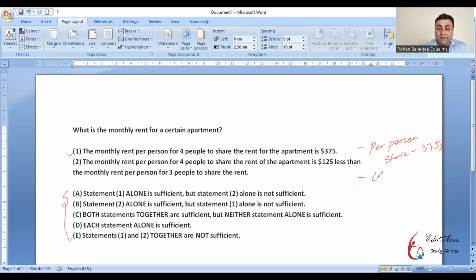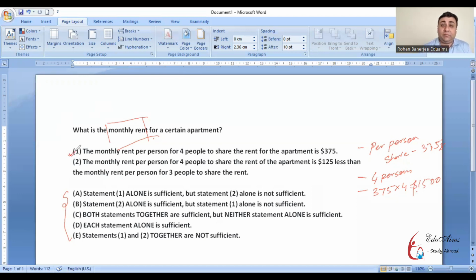How many persons are there? 4 persons. So together, what is the monthly rent? It's very easy to determine. Just multiply 375 by 4, which is $1,500. So statement 1 alone is sufficient to take you to the answer.